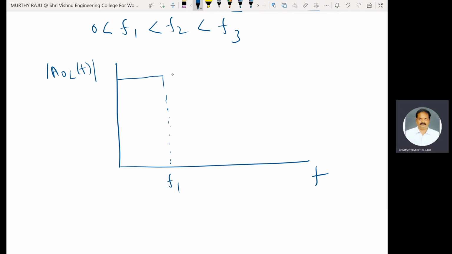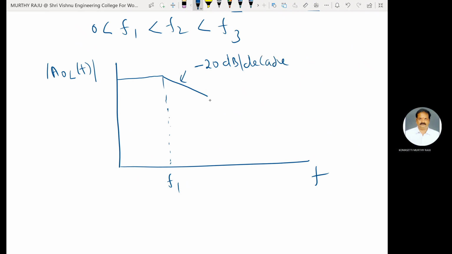After that, the gain decreases at a rate of minus 20 dB per decade. This one is the f2 break frequency.